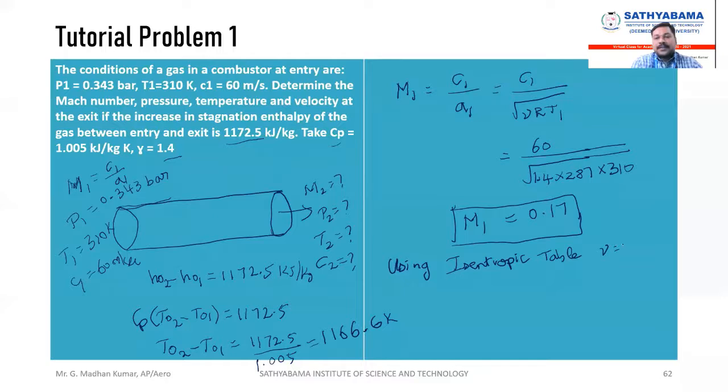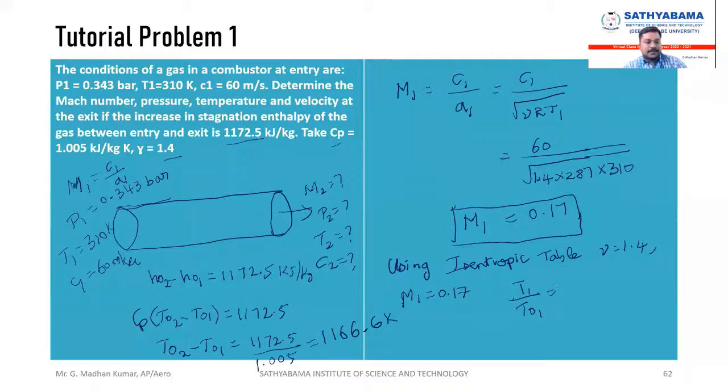The isentropic table, gamma is equal to 1.4 chart. For M1 is equal to 0.17, we find the value of T1 by T0.